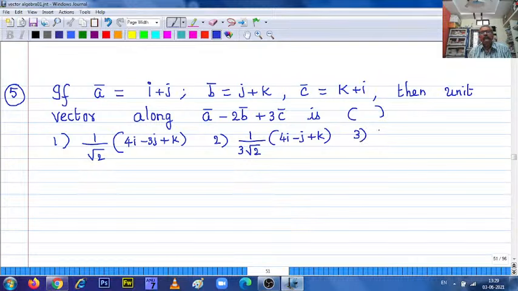Third option 1 upon 3 root 2 times i minus 4j plus k. Fourth option 1 upon 3 root 2 times i plus j minus 4k.